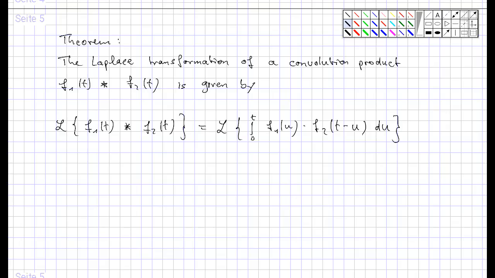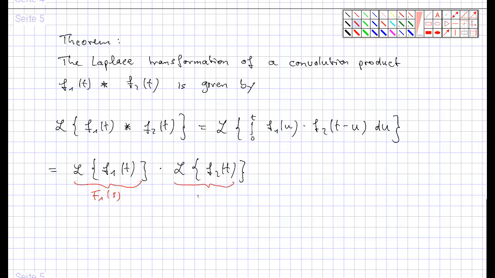Okay, and this equals the Laplace transformation of f1 of t times the Laplace transformation of f2 of t. So this is f1 of s, and this is f2 of s. So we have f1 of s times f2 of s.